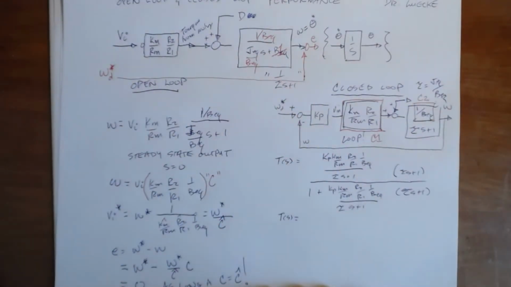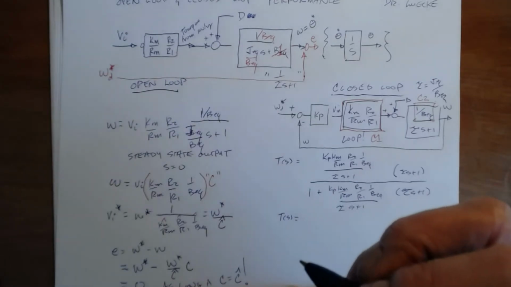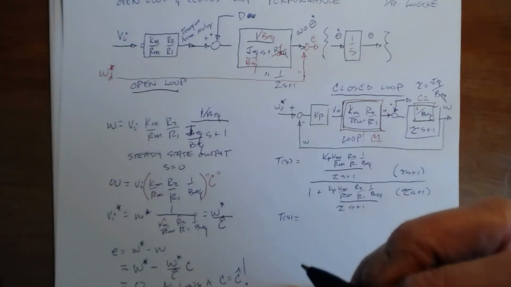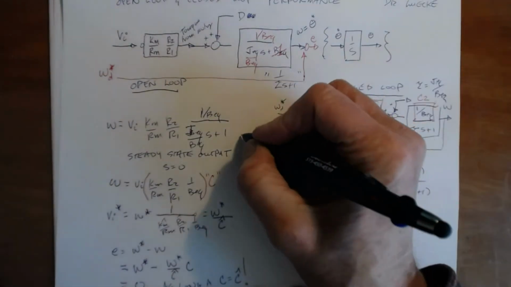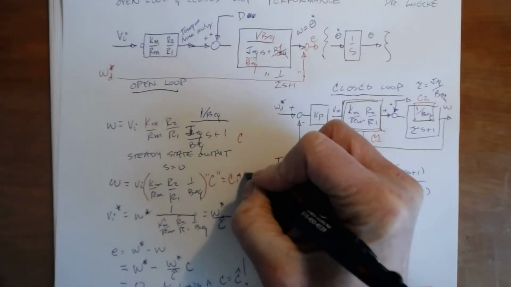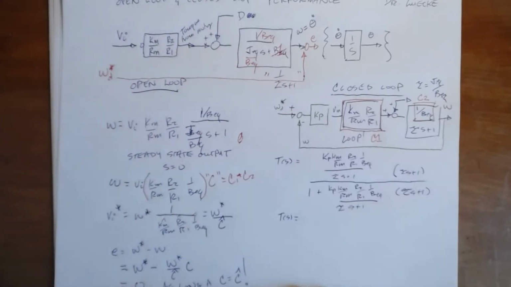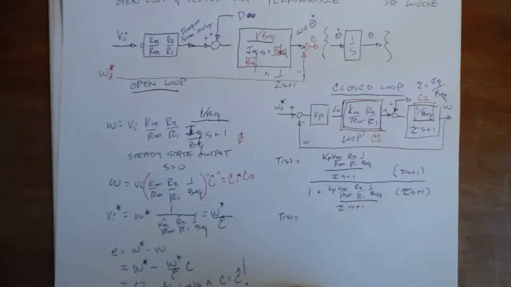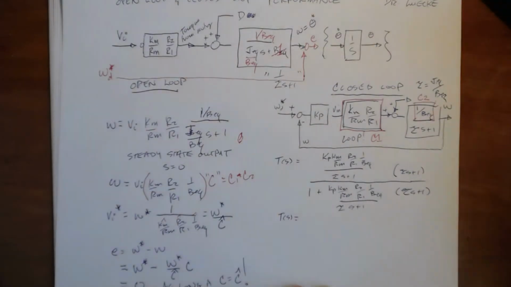So clearly C is equal to C1 times C2, right? I'm doing this for now just so we can keep an idea of what's going on here. And so what I'm going to do is just write this transfer function.